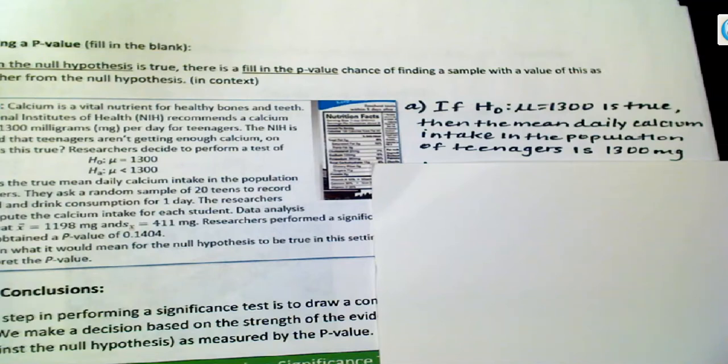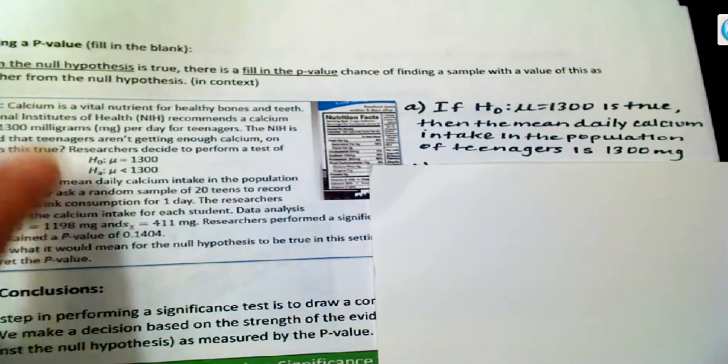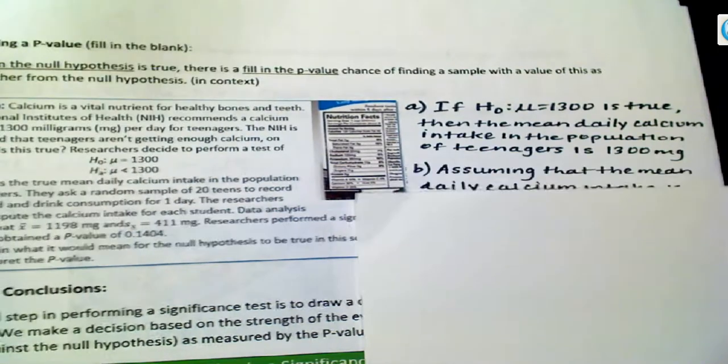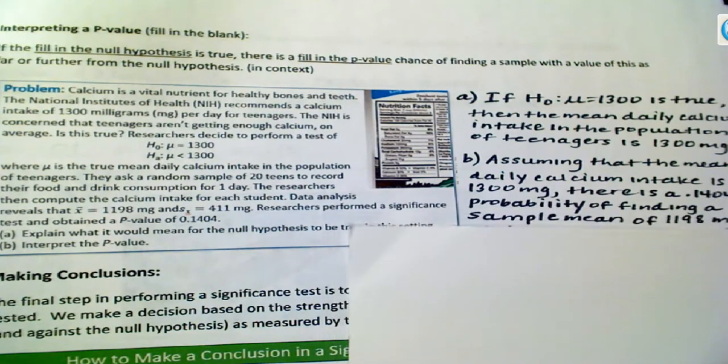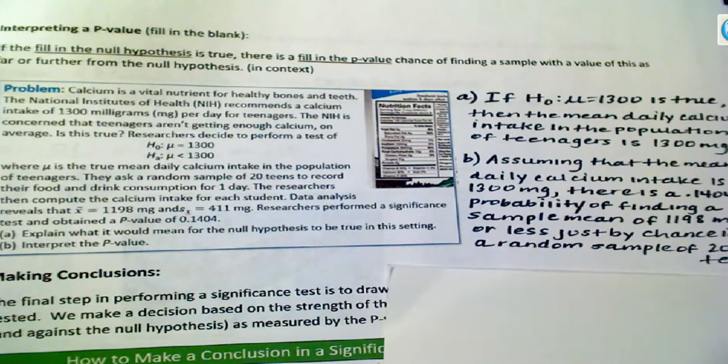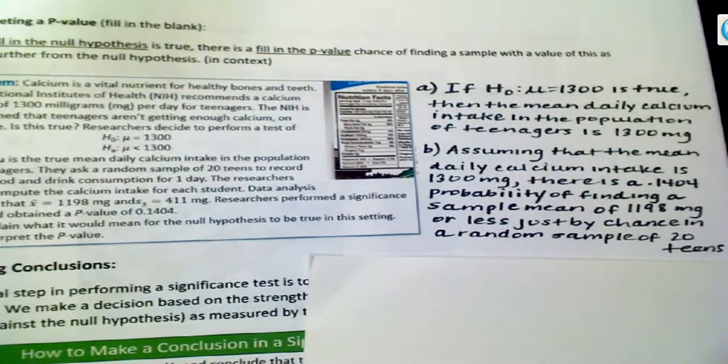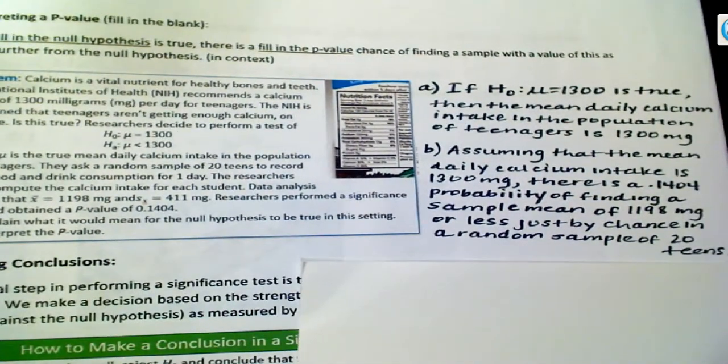Okay, so what we would say is we're going to fill in the blank like what I told you here. So assuming that the mean daily calcium intake is 1,300 milligrams, so that's our fill in the blank, is true, there is a 0.1404 probability of finding a sample mean of 1,198 milligrams or less just by chance in a random sample of 20 teens.